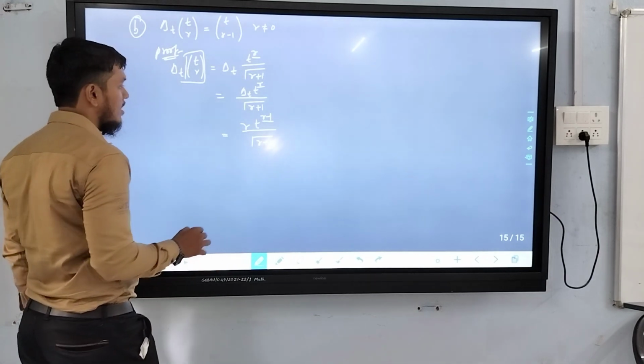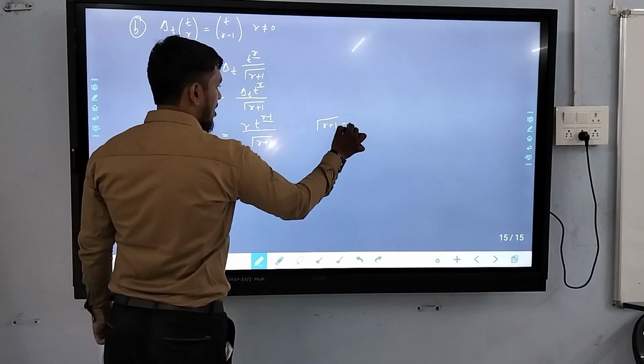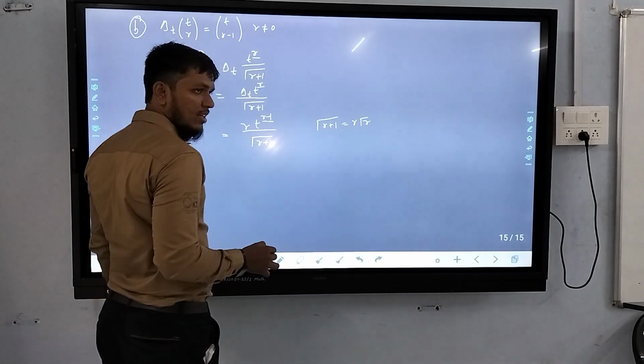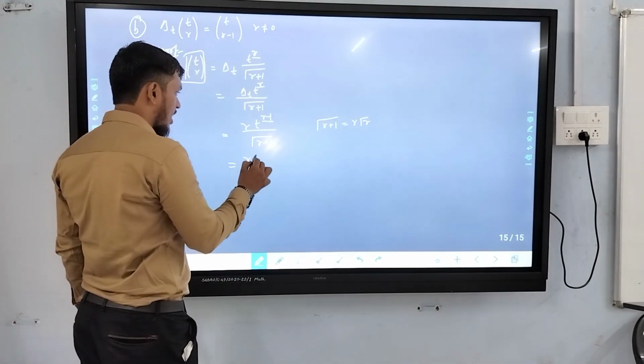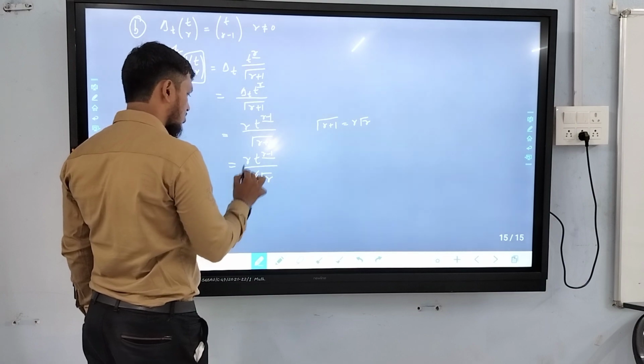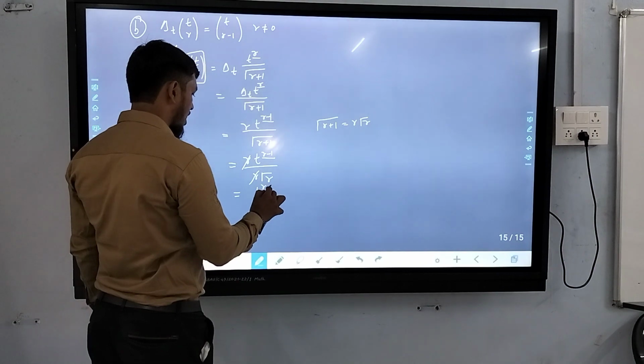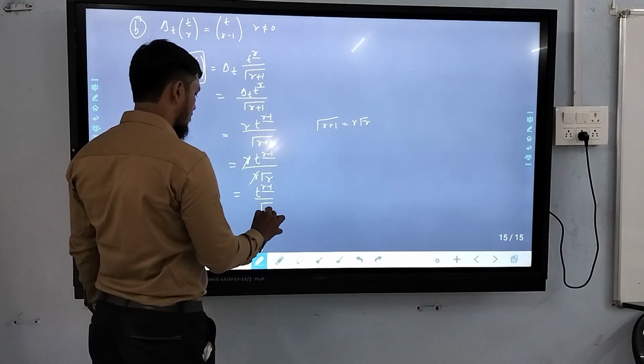Again we know the properties of the gamma function: gamma r plus 1 is nothing but r gamma r. So r t to the r minus 1 falling upon r gamma r. This r will cancel with this r, and the remaining term is t to the r minus 1 falling upon gamma r.